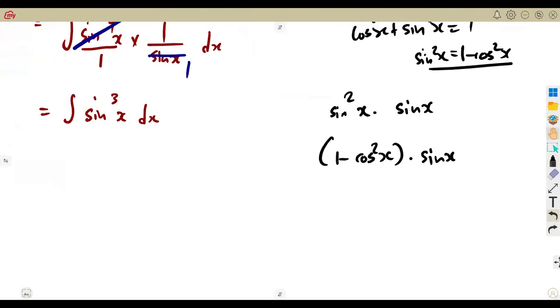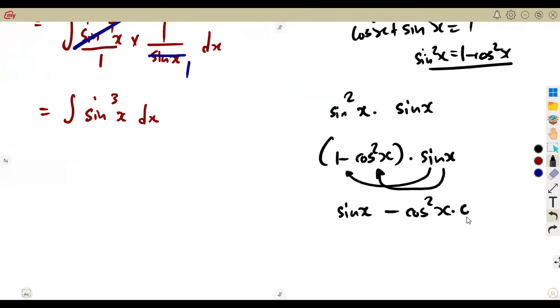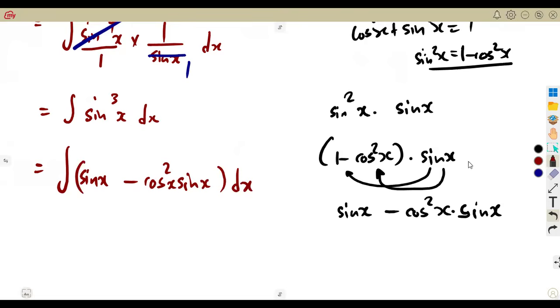Let's expand this and see how it's going to be. Sine of x times this is sine of x. The sine of x times the cos is going to be minus cos squared x times the sine of x. So you're going to have the integral of sine of x minus cos squared x sine of x with respect to x.